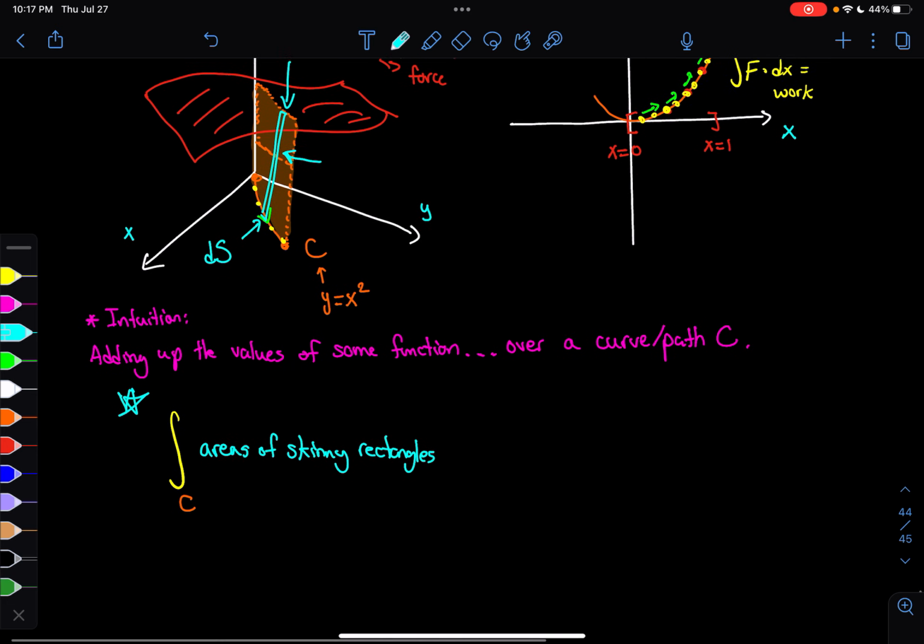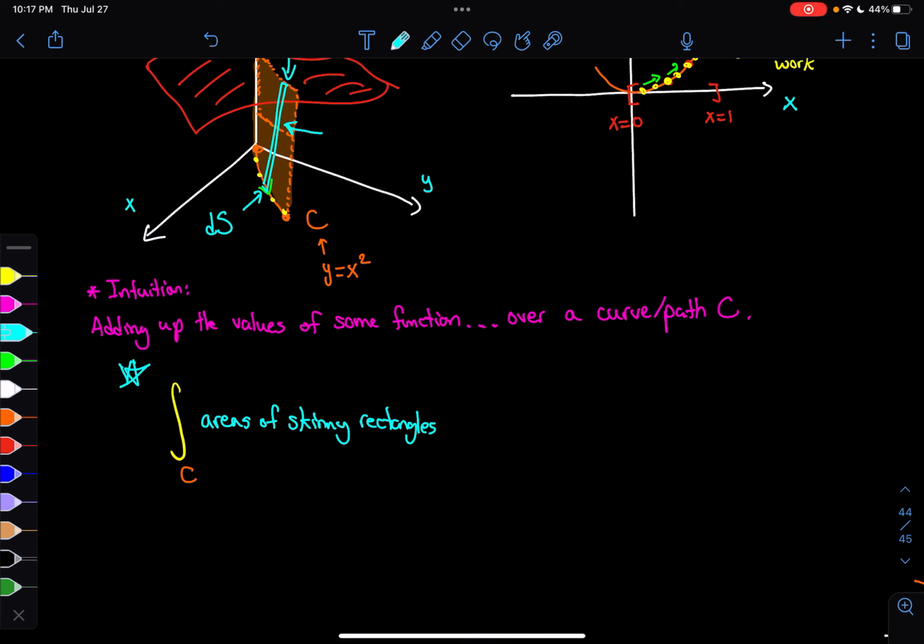And so the question is, what is the height of the rectangle and what is the width of the rectangle? Well, the height of the rectangle is just the value of the function, so that's just my f of x, or in this case, since it's a 3D function, f of x, y. What is going to be my ds? Oh, tricky, right? What's going to be my width? Shoot, I gave it away. That's okay.